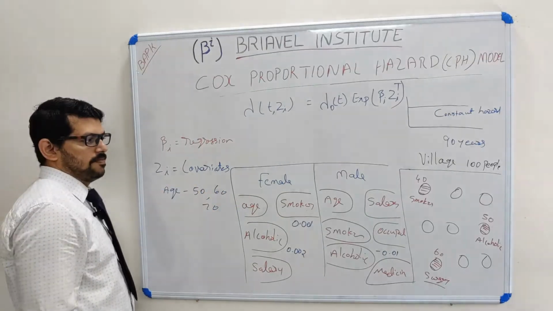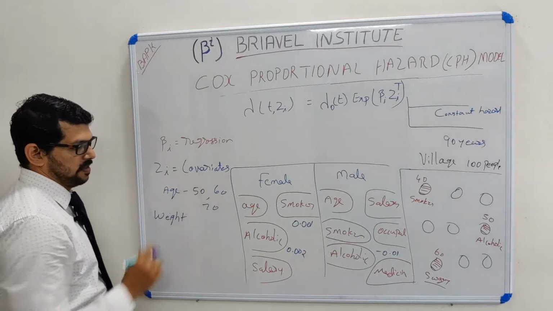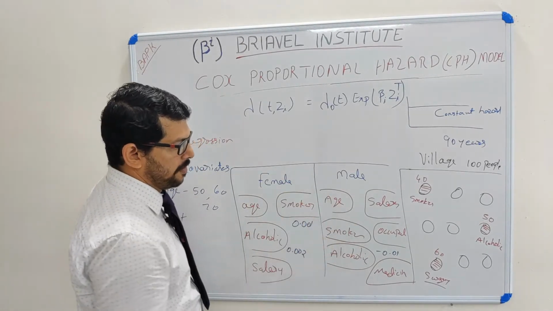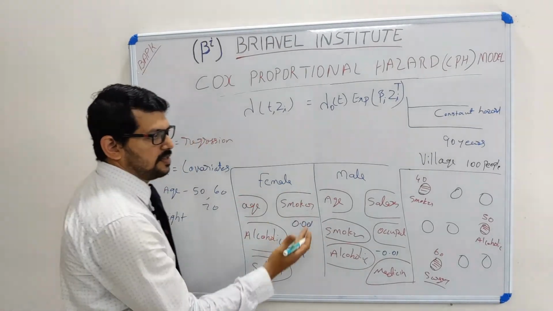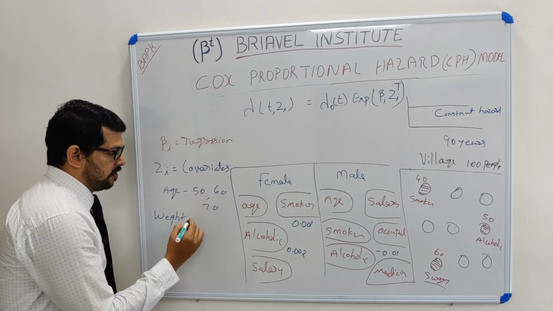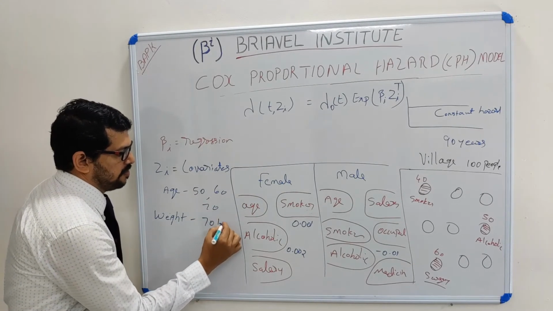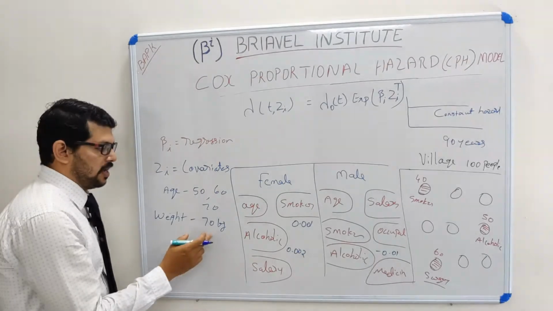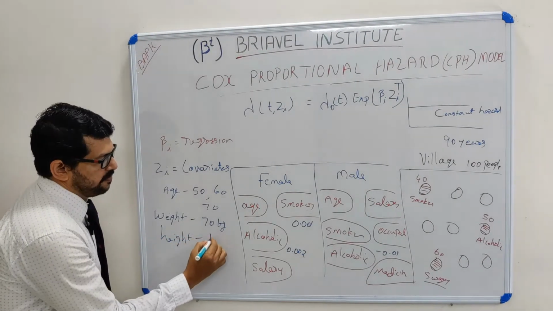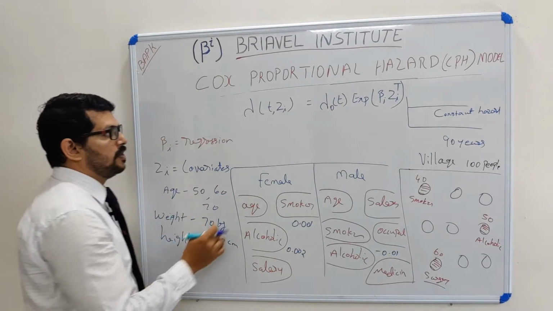Weight is also one of the factors. If an obese person, there is a chance of heart attack or some other disease. So weight is also a factor, and I can say it is 70 kg. Height also you can say 150 centimeter. Like that we can express, so the Zi value will be like that.